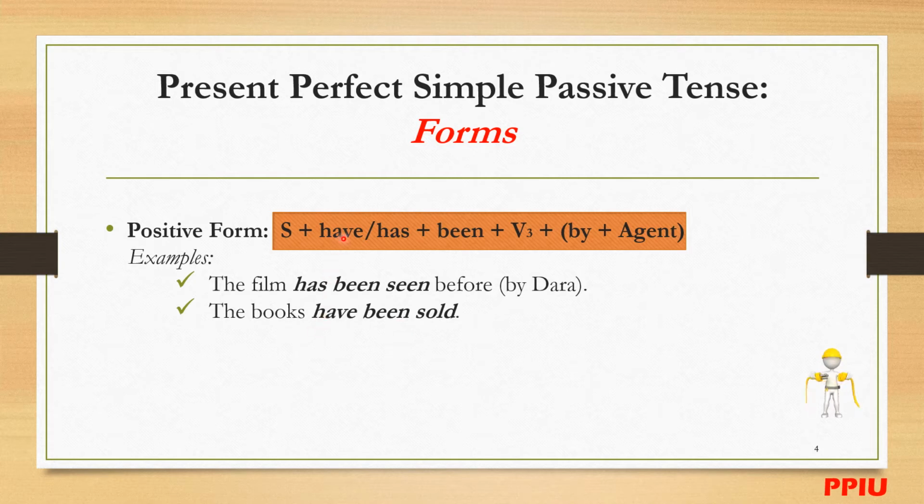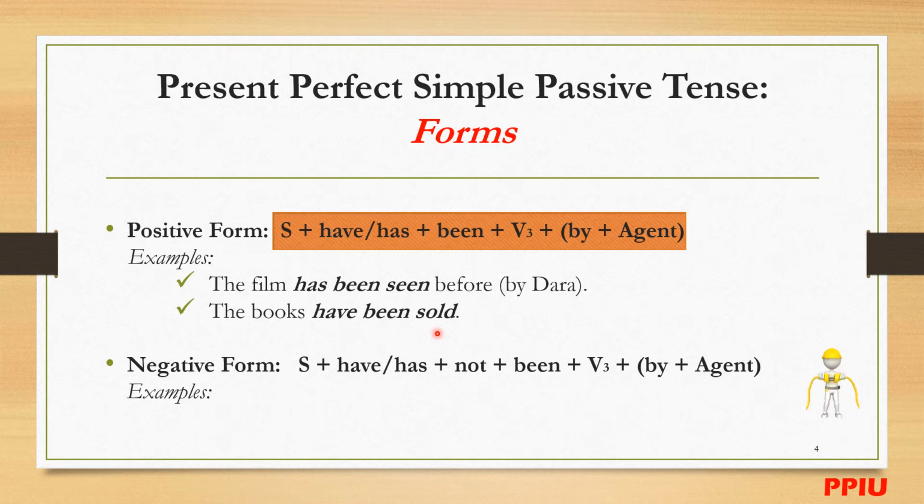So have been, and sold is verb 3 or participle. Here, we do not put the agent, who sold the book. Okay, it can be the buyer or the seller, right? The seller, the one who sold it.